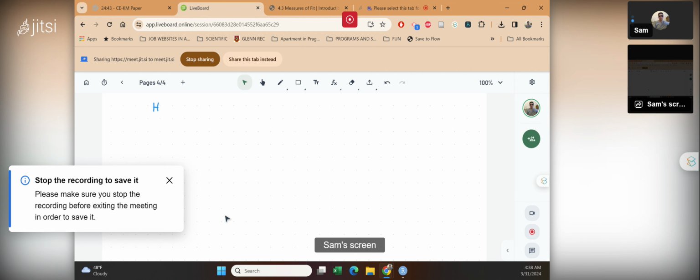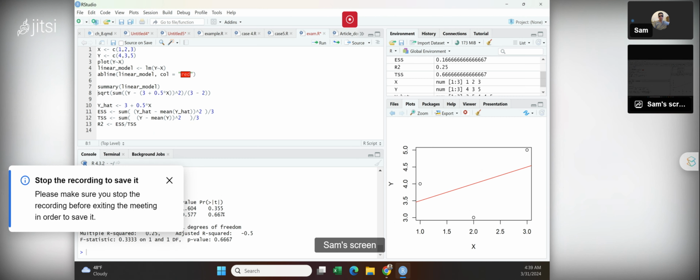H null is telling you that beta 1 is equal to 0, and the alternative is beta 1 is not equal to 0. So you have a two-sided hypothesis conducted automatically by the R software when you are using the summary function.